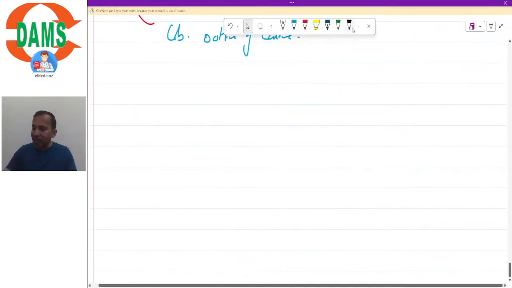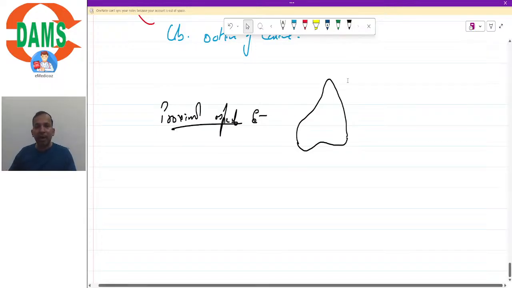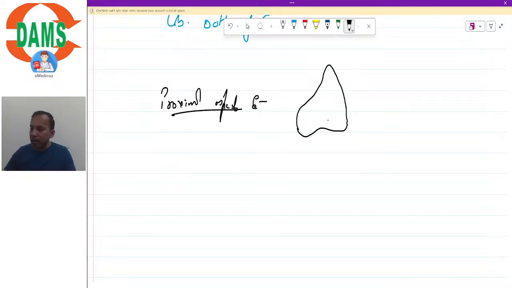So how would you define its shape from the proximal aspect? From the proximal aspect, be it maxillary or mandibular, the shape can be described as wedge shaped, right?